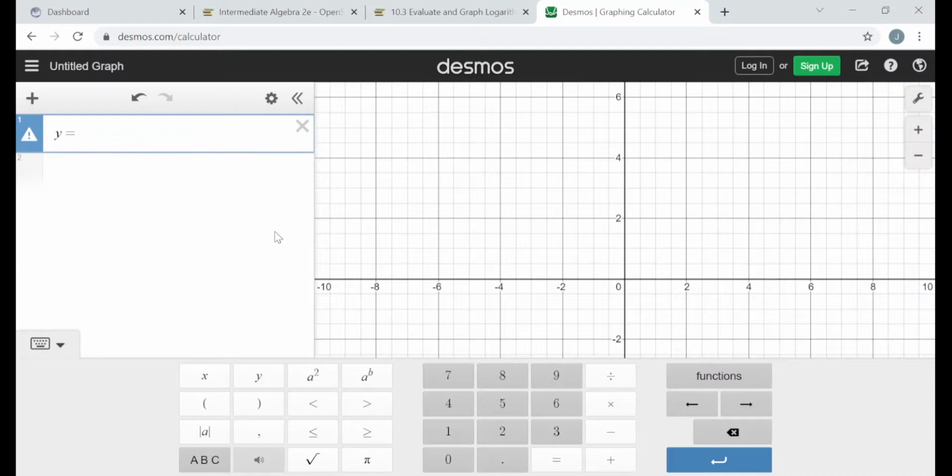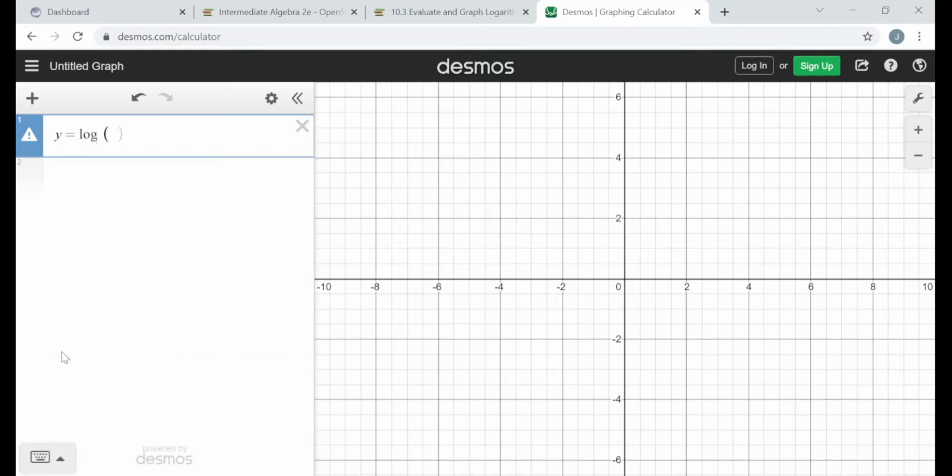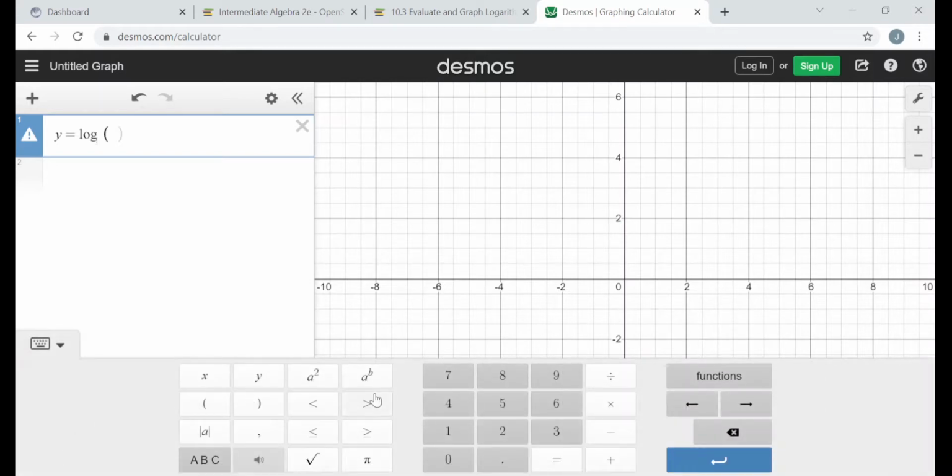Why can't I enter this? Log base. This is something else, isn't it? Oh, maybe if I do this. Sorry about this. Now put a fraction here. See if they have like a little fraction thing.